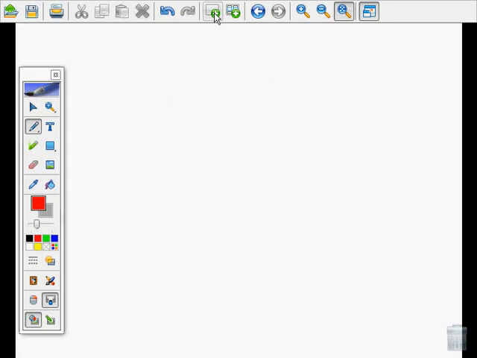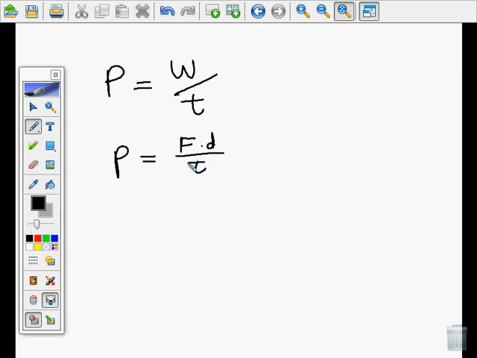Now power is how fast the work gets done. So it's work divided by time. However, work in general is the force times the distance over time, assuming that theta is equal to 0. And notice I can rewrite that one more time, force times distance over time.